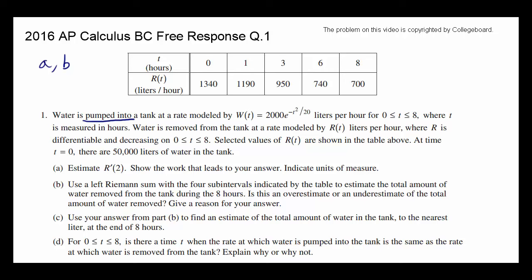And water is removed from the tank at a rate modeled by R of t liters per hour, where R is differentiable and decreasing from 0 to 8. We have selected values of R in the table above. At time t equals 0, there are 50,000 liters of water in the tank. Now let's look at A.